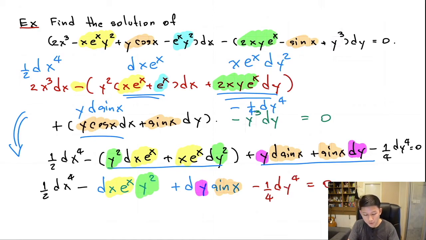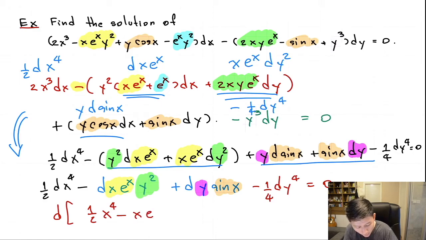So what you have is d of half of x to the power of 4 minus x e to the x y squared plus y psi x minus 1/4 of y to the power of 4 equals 0.